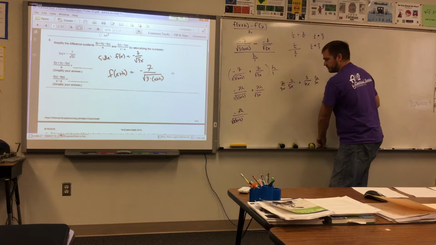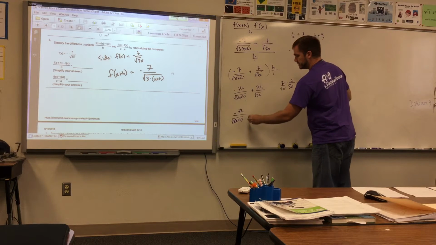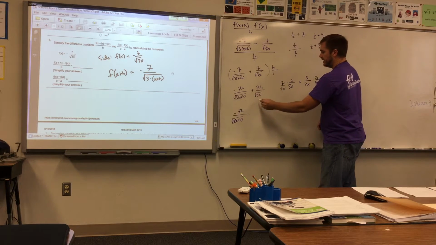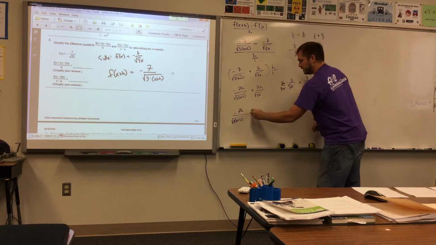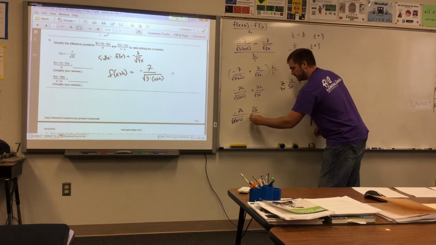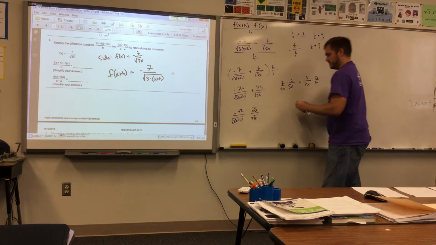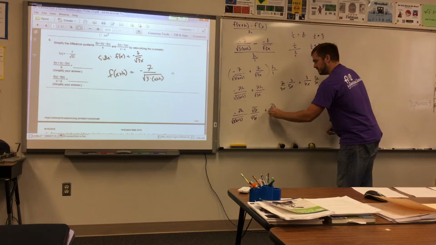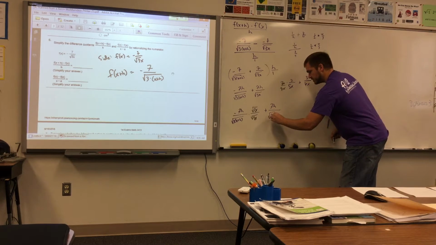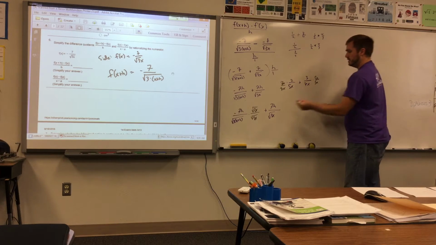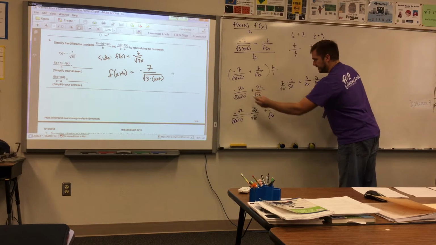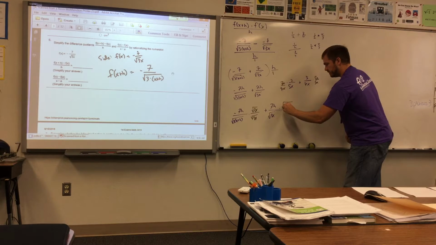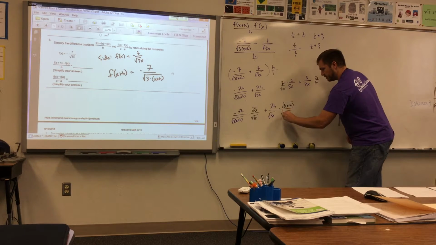So -7 over square root 3 times x plus h times this other guy's denominator, square root of 3x over square root of 3x, plus 7h over square root of 3x times that other guy's denominator over itself, square root 3x plus h over square root 3x plus h.